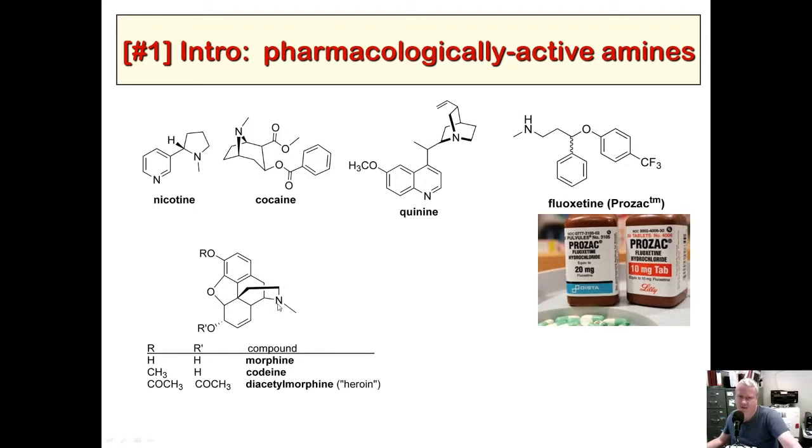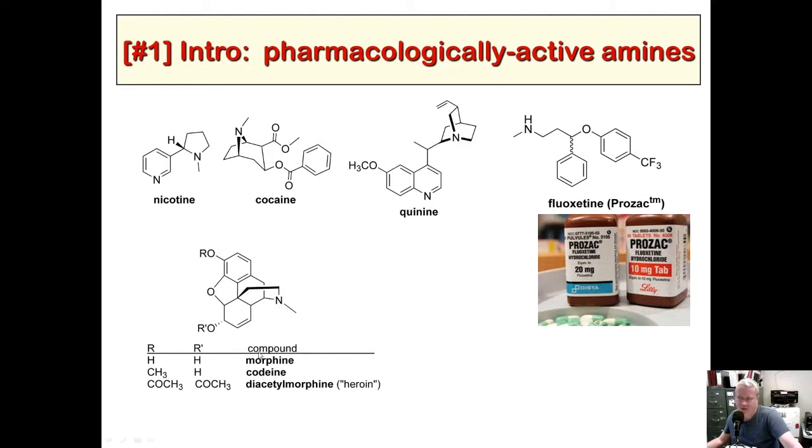A lot of drugs have nitrogen in them that are used to bind to receptors, I guess, in your body. And so morphine, codeine, and diacetylmorphine, which is also known as heroin, are based on the same general chemical structure, and they also have this tertiary amine here.